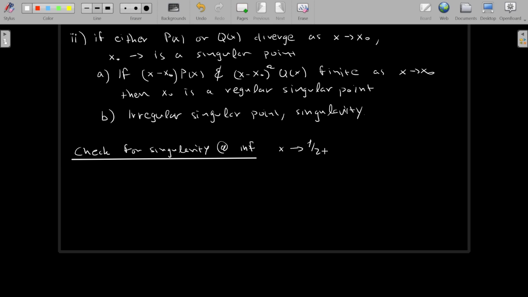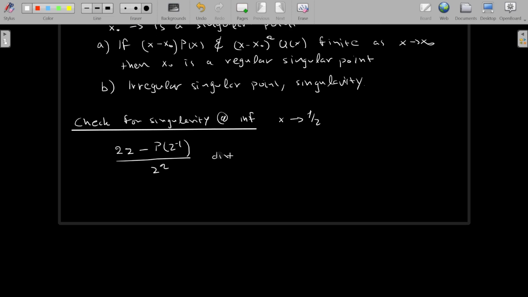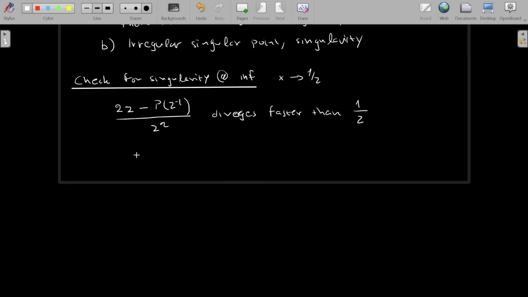So when x goes to infinity, z is going to go to 0, and we define the following functions: 2/z - p(z)/z^2, if it diverges faster than 1/z, and the second one is q(z)/z^4, if it diverges faster than 1/z^2.